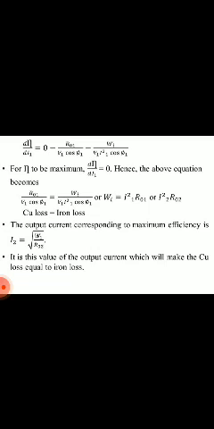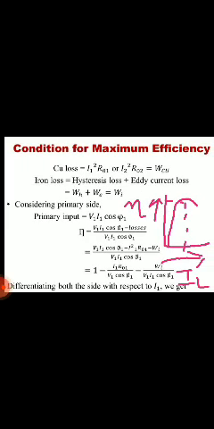The formula is, when we differentiate with respect to current, we get the value of I2: I2 is equal to root of Wi divided by R, where Wi represents the iron losses. It is this value of the output current which will make the copper loss equal to iron loss. So when iron losses are equal to copper losses, the efficiency of a transformer will be maximum.